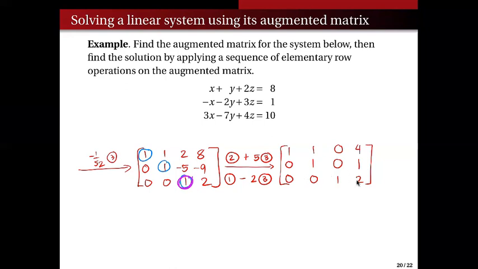So from the last row, we move up. Let's get the row above the last row. So we are now on the second row. This is a leading one. The entry above this leading one, it's non-zero. So we want to change this to 0. So what will we do? We are not going to change the third row, 0, 0, 1, 2.